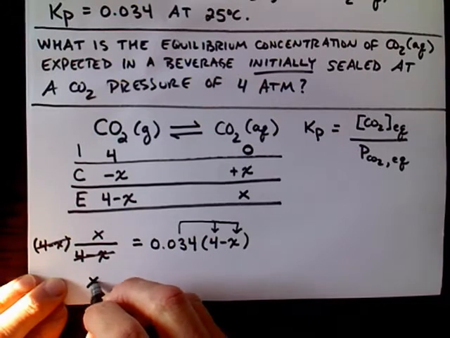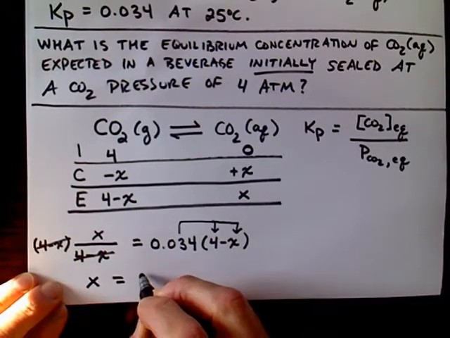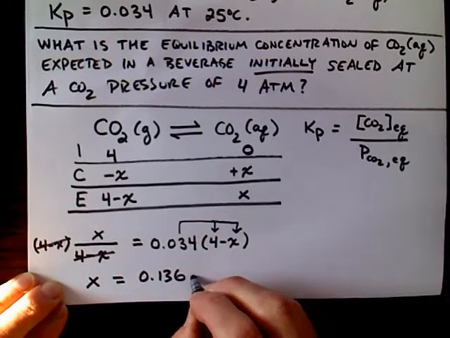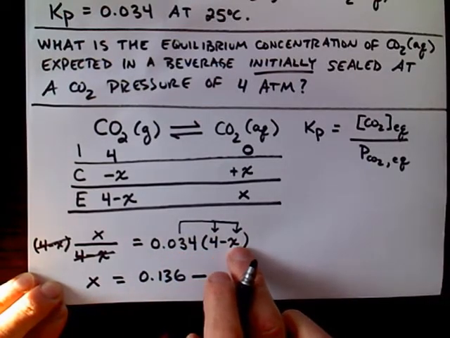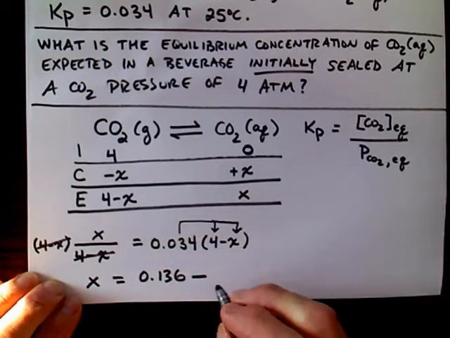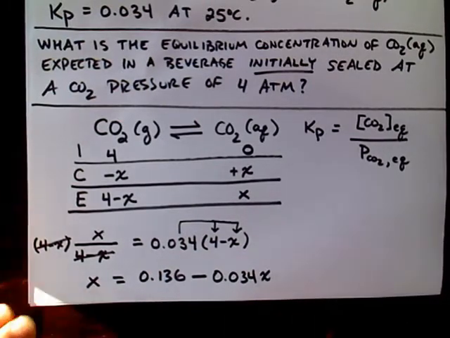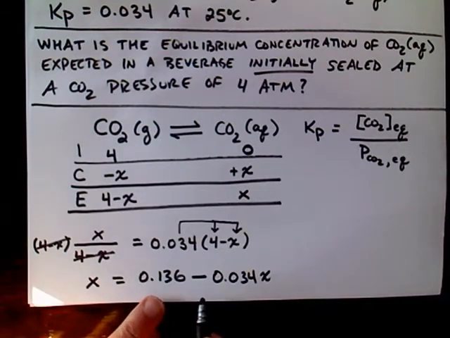That gives me X equals 0.136, minus 0.034 times a negative X, which is 0.034X. We're almost home.